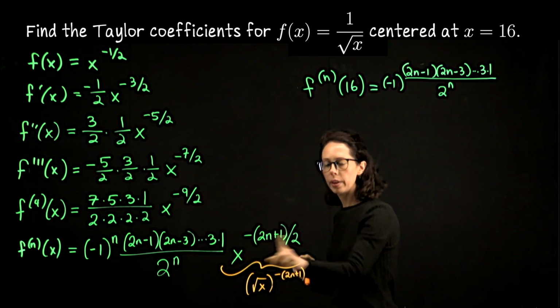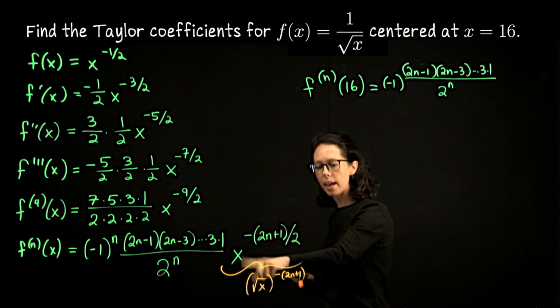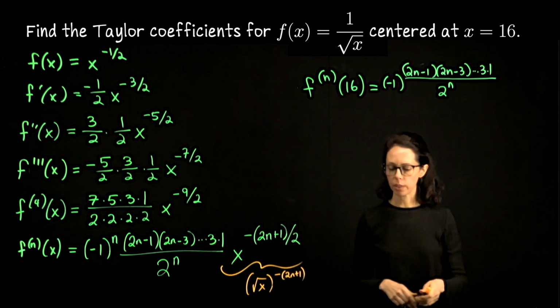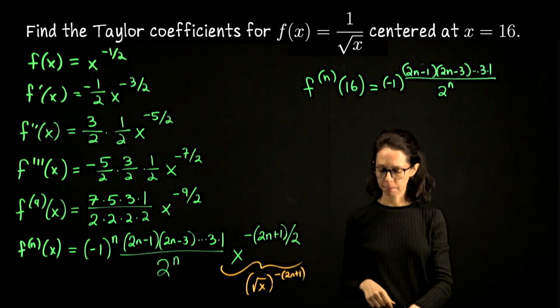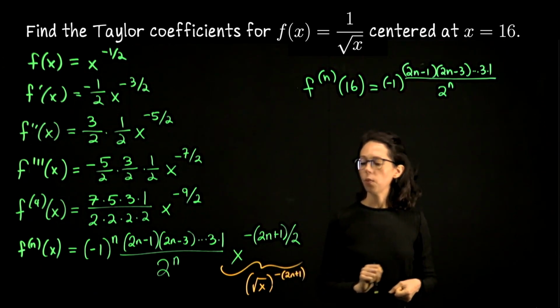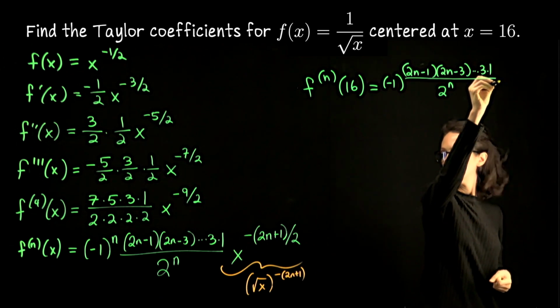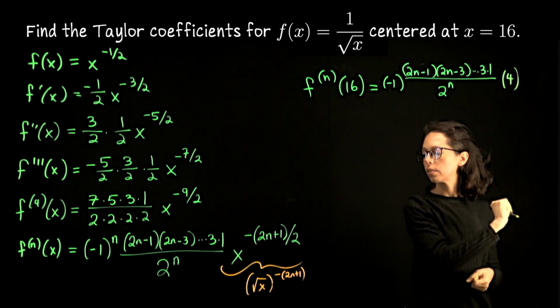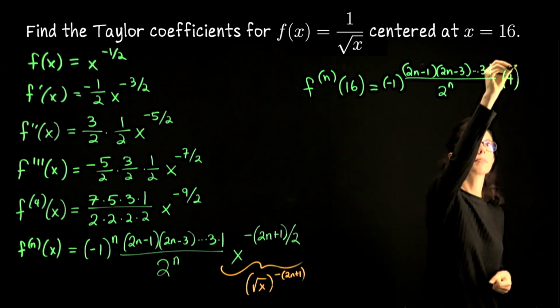So I've just rewritten this fractional exponent as x to the 1/2 to the negative 2n plus 1. So that's the square root of x to the negative 2n plus 1. Okay, so that's going to be the square root of x, which is 4, to the negative 2n plus 1.